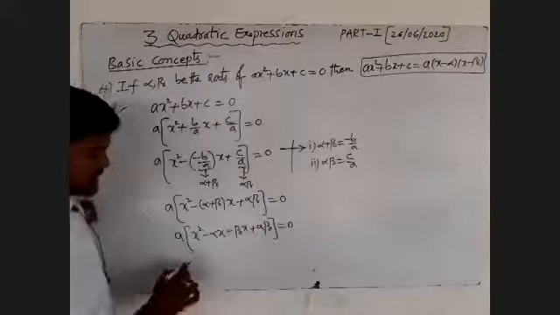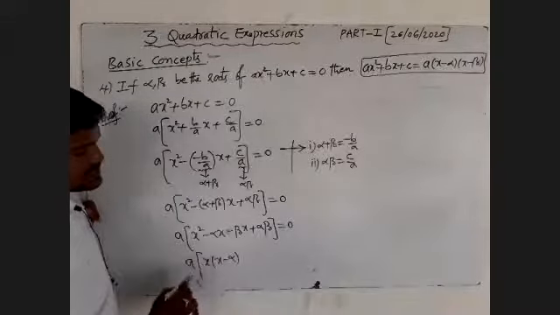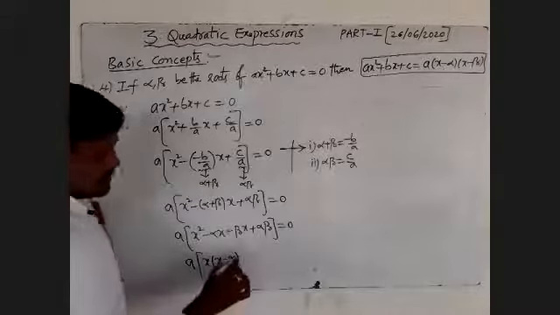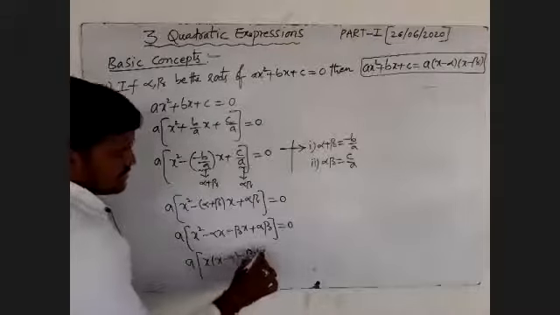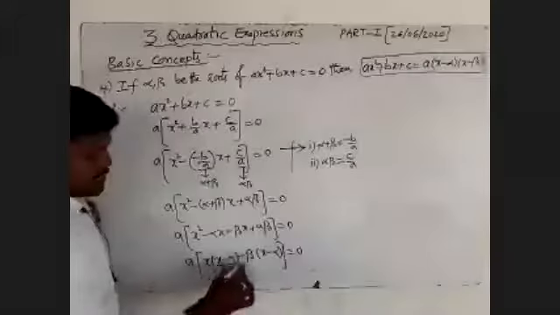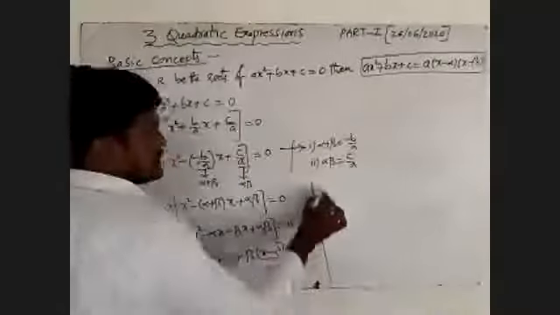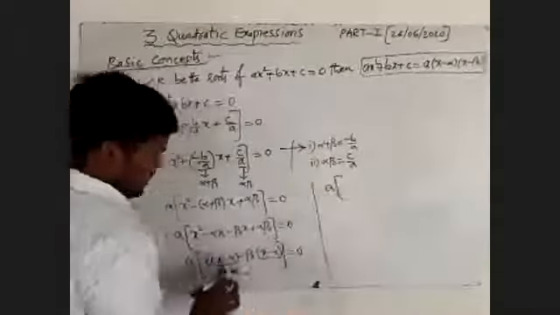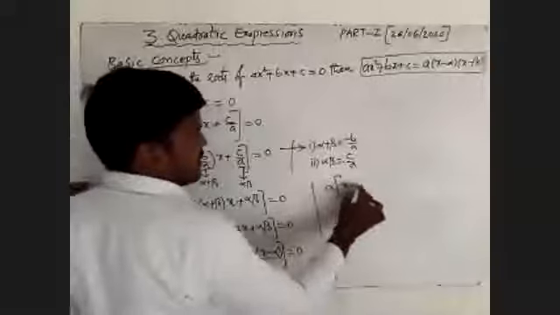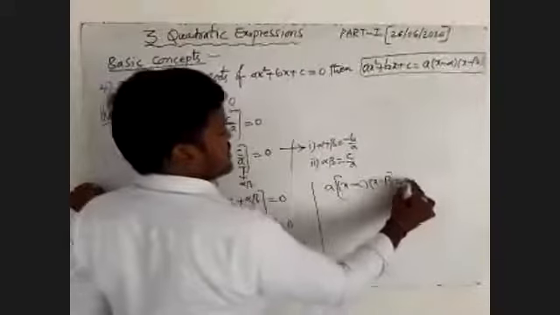First I will take x common in this one, so I will write x common, and remaining we have to write x minus alpha. After that I will take minus beta common, again we have to write x minus alpha, is equal to 0. I will take x minus alpha common, remaining we have to write a into x minus alpha, remaining x minus beta is equal to 0.